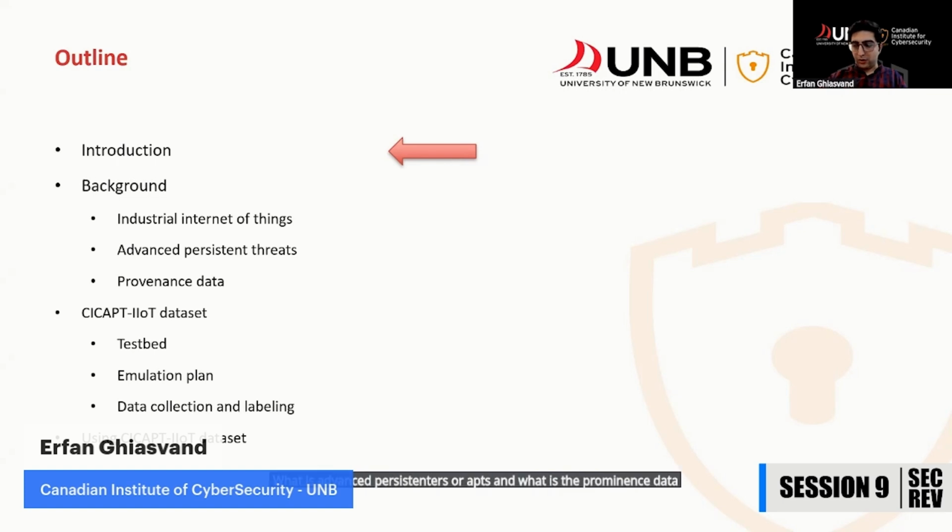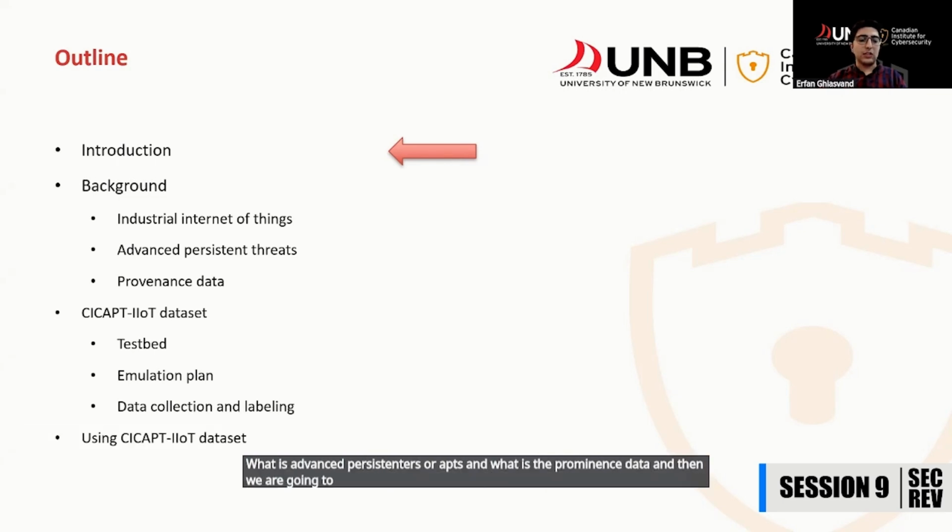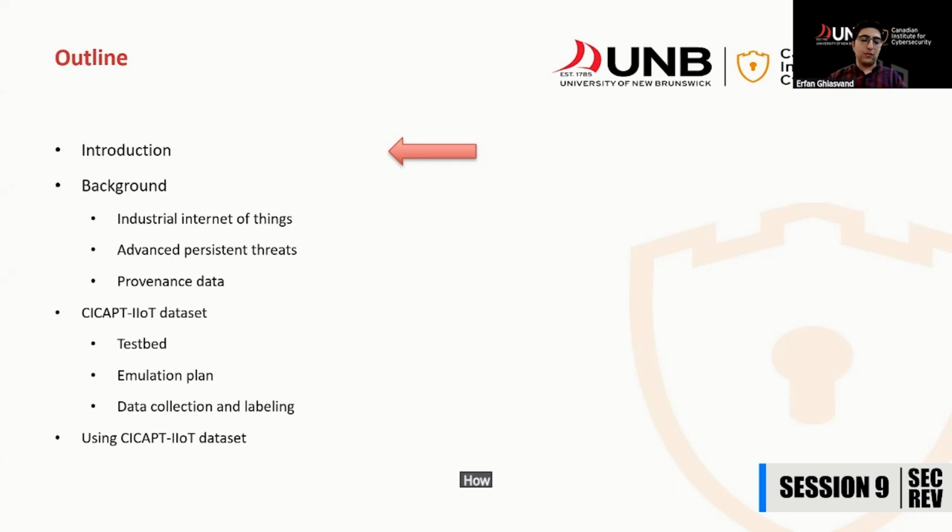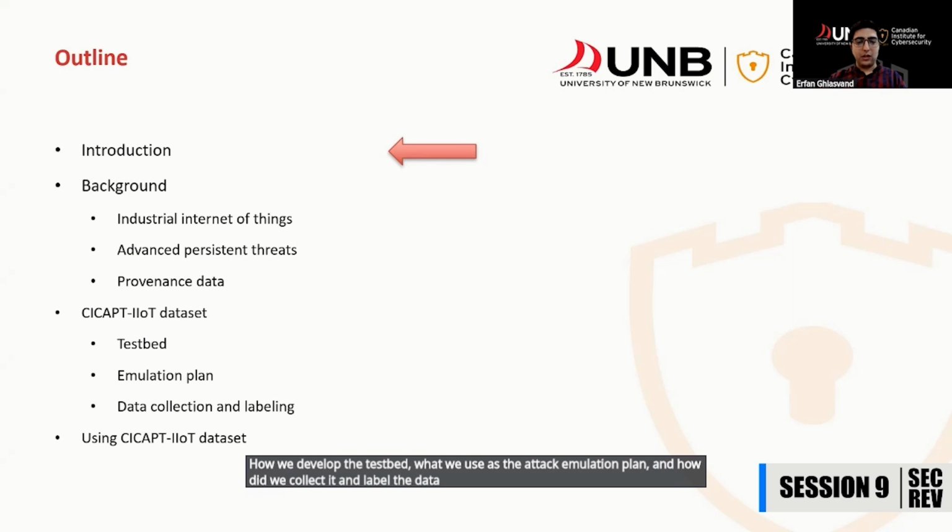Then we are going to go through the generation process of our dataset, the CIC APT IIoT dataset: how we developed the testbed, what we used as the attack emulation plan, and how we collected and labeled the data. Finally, we're going to go through a simple example of how you can actually use our dataset.